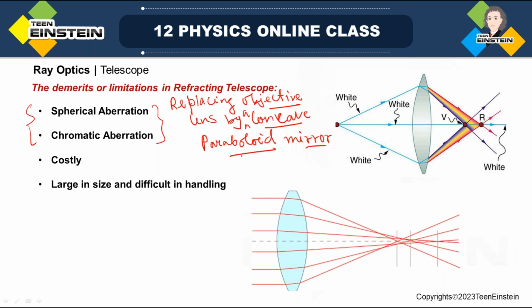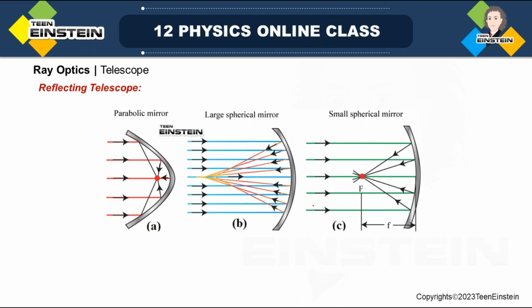Not only mirror, look here. Even if we have a large aperture spherical mirror, see, this is a large aperture spherical mirror, and this is a small aperture spherical mirror. In case of a small aperture spherical mirror, we have paraxial rays, which are focused at the focus of this spherical mirror, exactly at the focal point, because these are of small aperture.